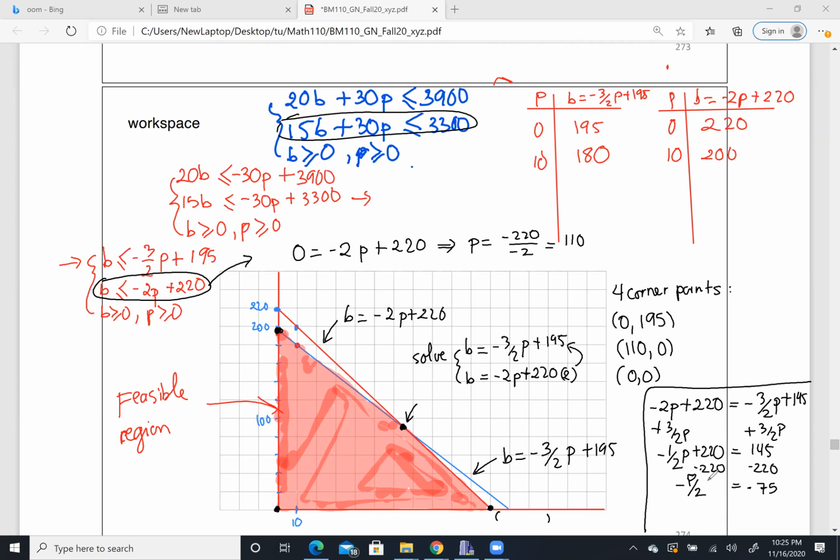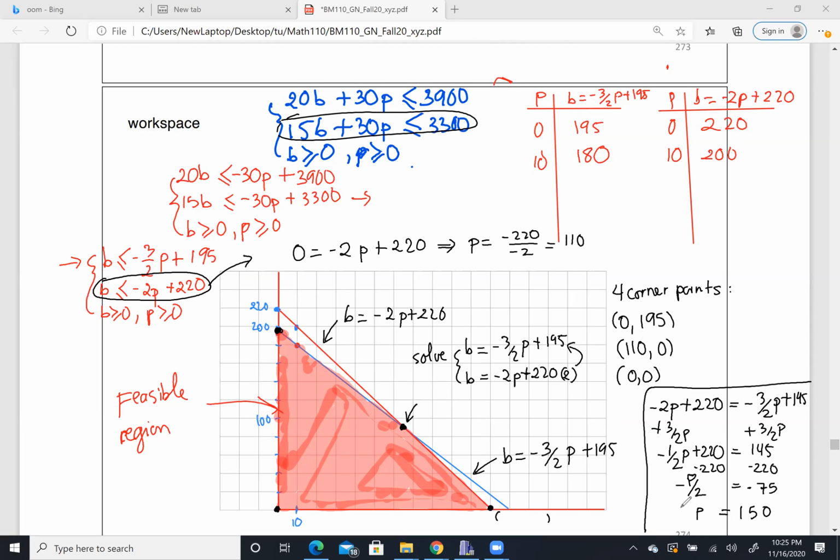And if you multiply both sides by negative 2, you will have p equal to 150. Okay, so that's going to be p equal to 150.